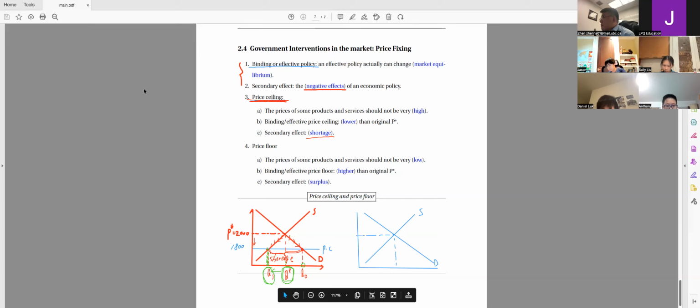Have you guys heard about the minimum wage policy? Do you know what the minimum wage rate currently is in Vancouver?